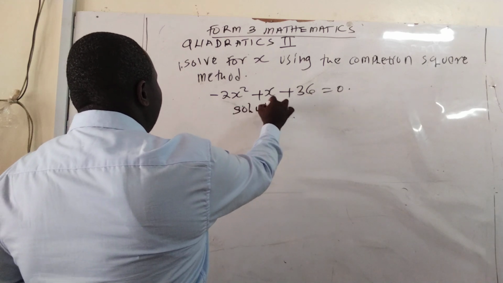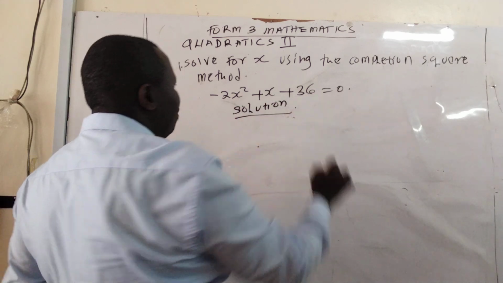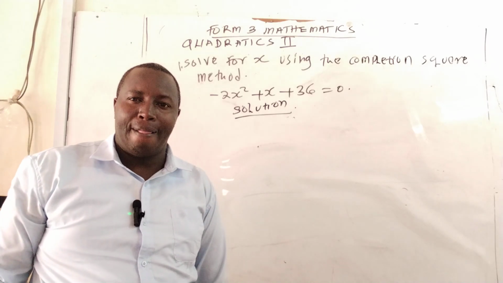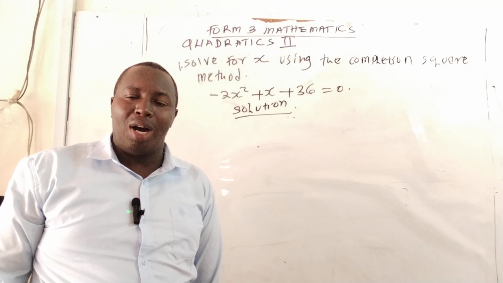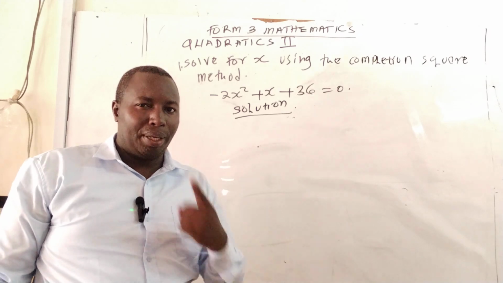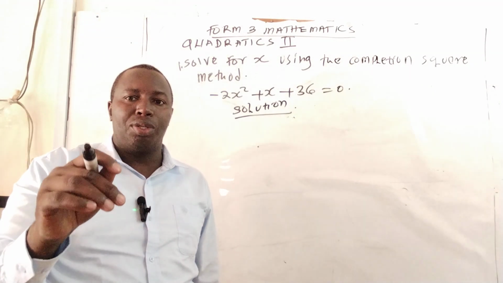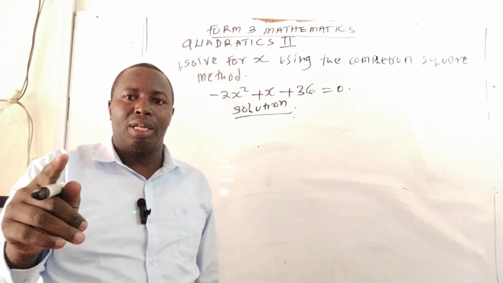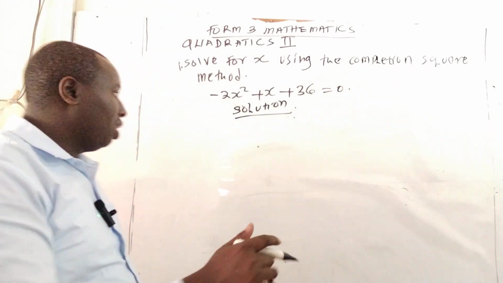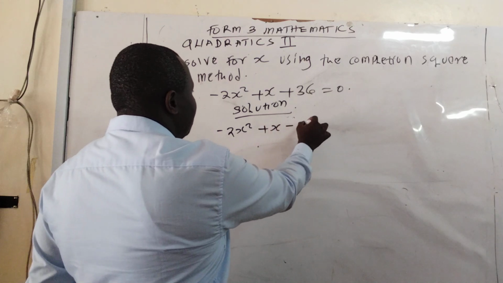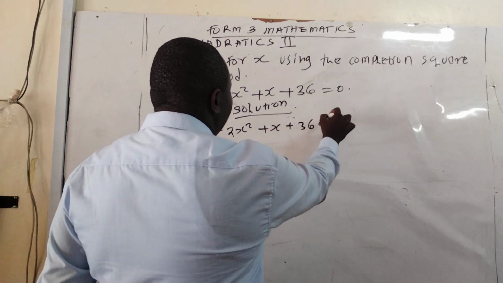Now, solution. When you are given a quadratic equation and you want to solve using the completing square method, step number 1 is that the coefficient of x squared should be 1. That's where you start. So you take this: minus 2x squared plus x plus 36 equals 0.